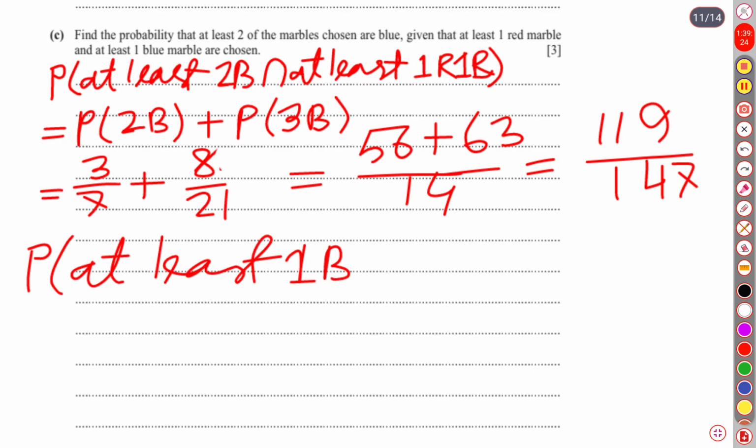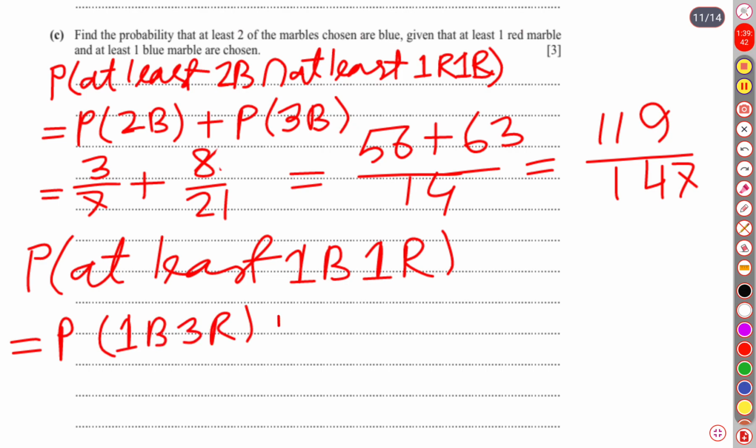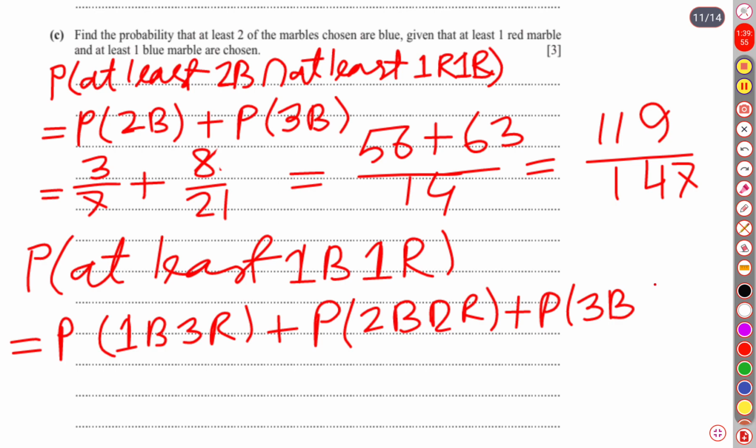Well, then the probability of at least one blue and one red. What are these possibilities? There may be one blue, then the rest three are going to be red, or there may be two blues, the rest two red, or there may be three blues and one red.